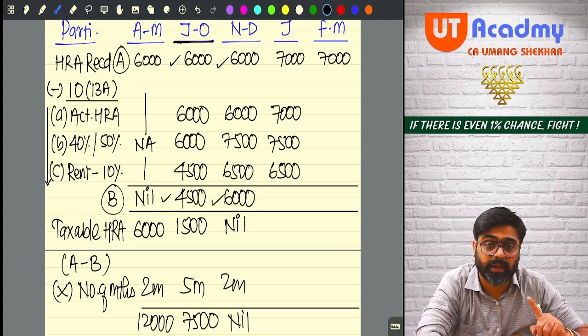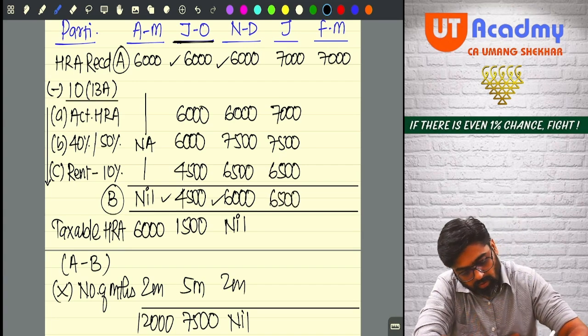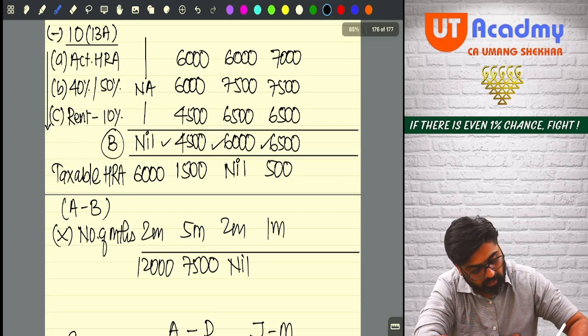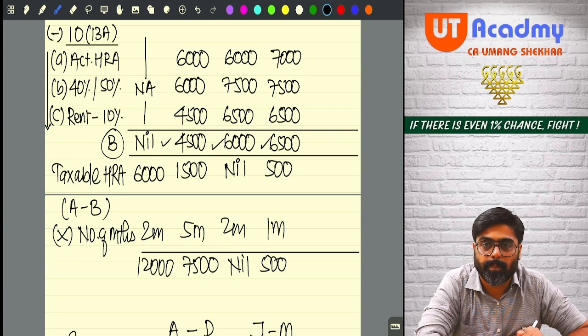Did you check only limit A changed? A, B, C, whichever is lower, 6,500. So can I say out of this 7,000, 6,500 will be exempted. 500 per month will be taxable only for the month of January, meaning for 1 month. So for January month, my taxable HRA will be 500.